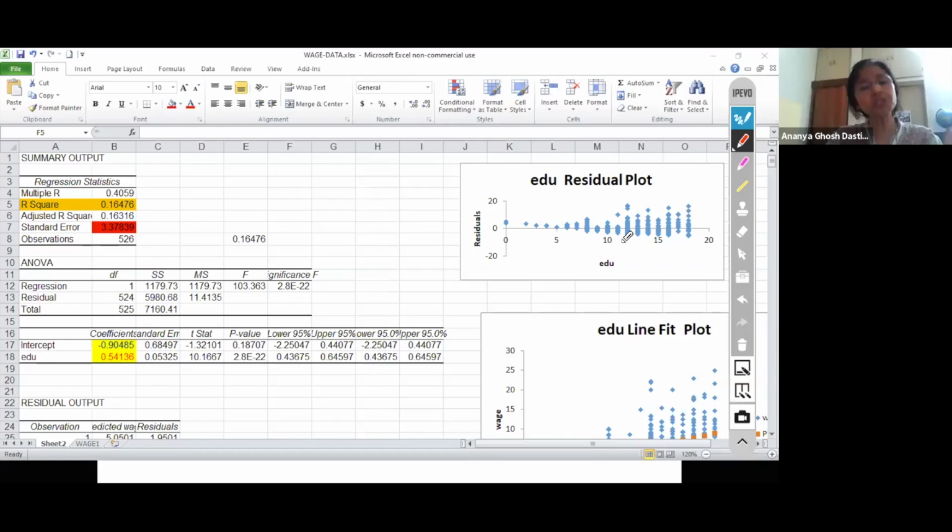Multiple R is nothing but the correlation between y and y hat. So remember 0.164 is the squared correlation between y and y hat. Just take the square root of that. You will get 0.4059. It is just telling you the extent of correlation between the actual dependent variable and the predicted variable.